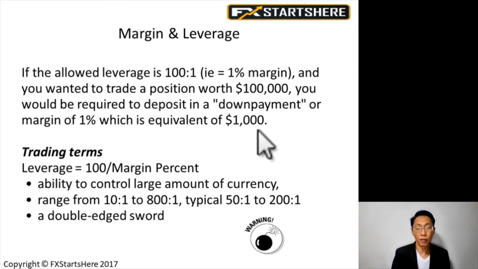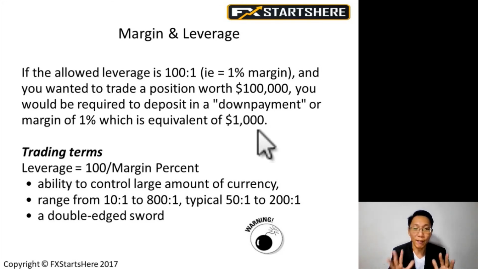So if your leverage is 100:1, for every one standard lot, you need at least $1,000 in your trading account to be set aside as a margin deposit.